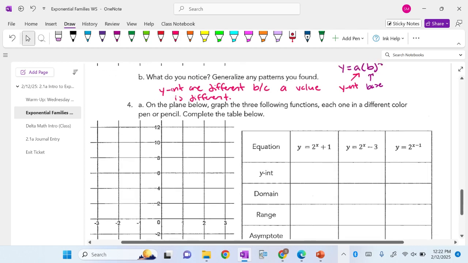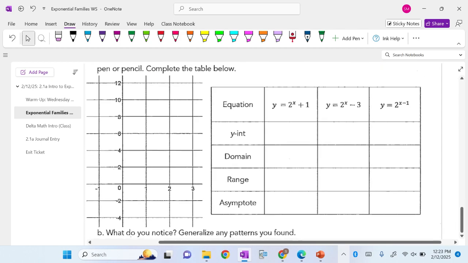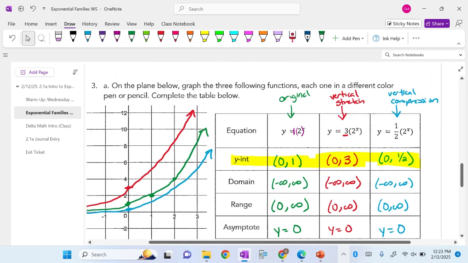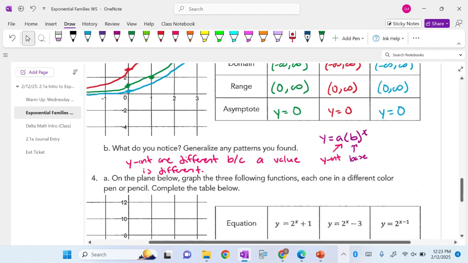All right, last table. So take a minute, fill in that last table. Oh, here, I'll give you guys back the... There you go.